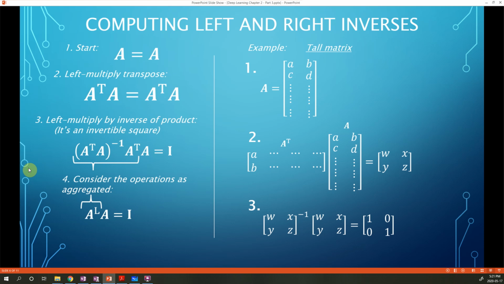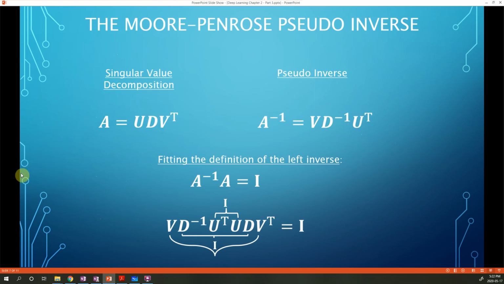Okay, so now that we've looked at some of the fundamentals of matrix inversion, we can see how the singular value decomposition can be used to compute a so-called pseudo-inverse for a matrix. This is actually a very powerful tool for generalizing matrix inverses beyond merely left and right, for non-square matrices.